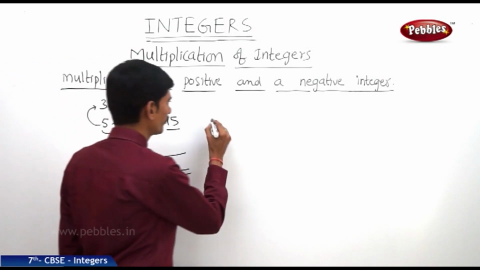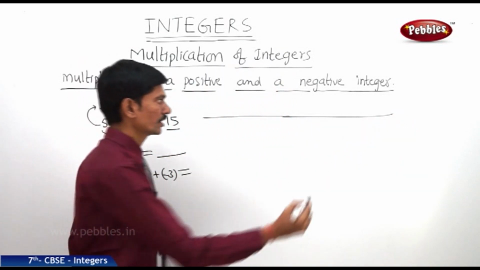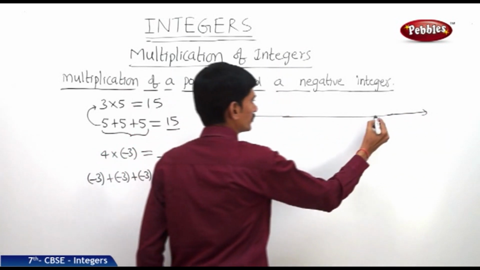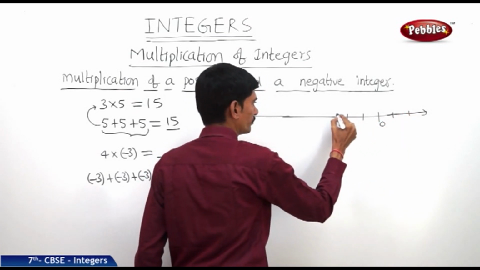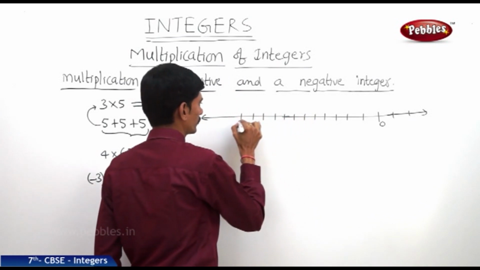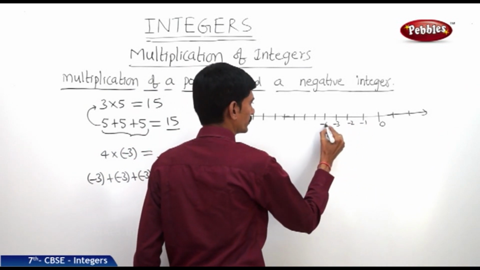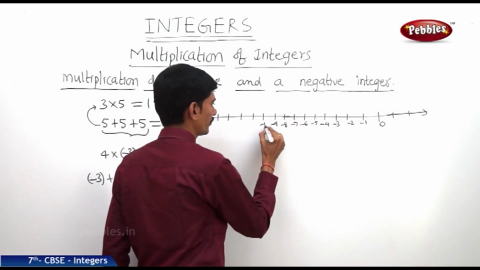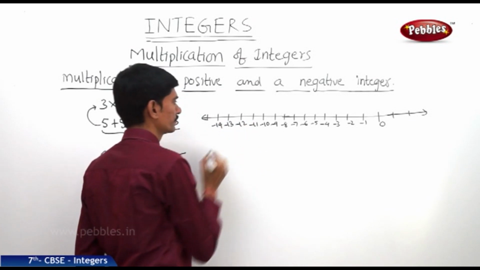So if you add on the number line, you will take 0. Left side to 0, all negative numbers: -1, -2, -3, -4, -5, -6, -7, -8, -9, -10, -11, -12, -13 and -14.